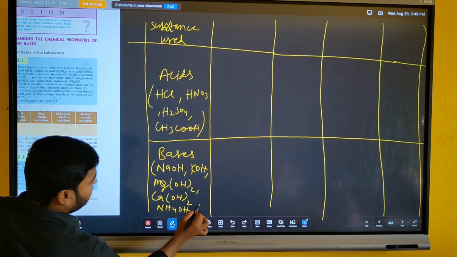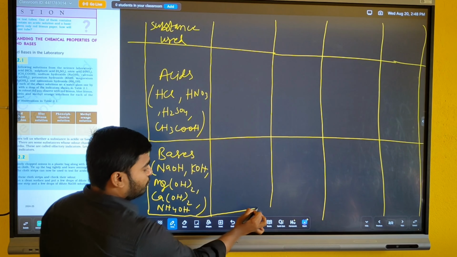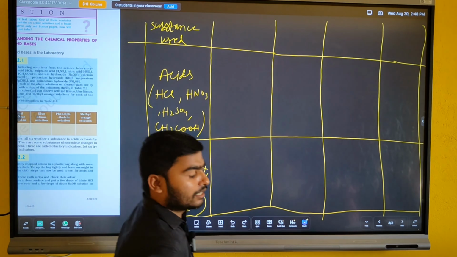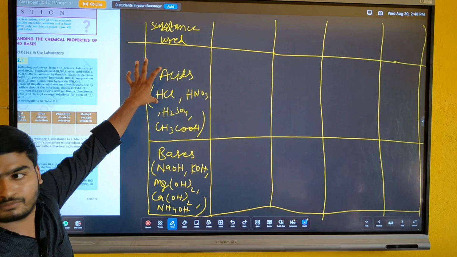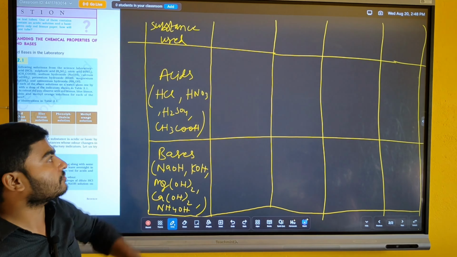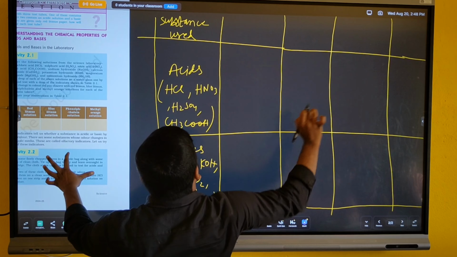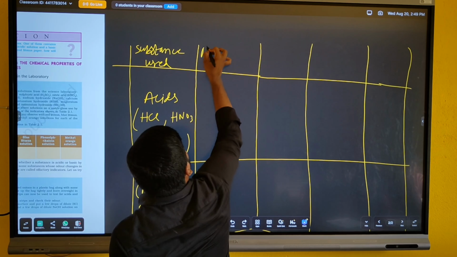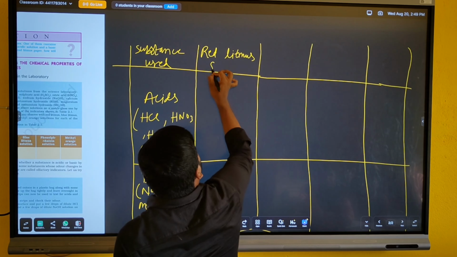So these are the bases which we are using for the experiment, right? All of them will behave in the same way. First indicator we are using is red litmus solution, so we will write red litmus solution in the first column.